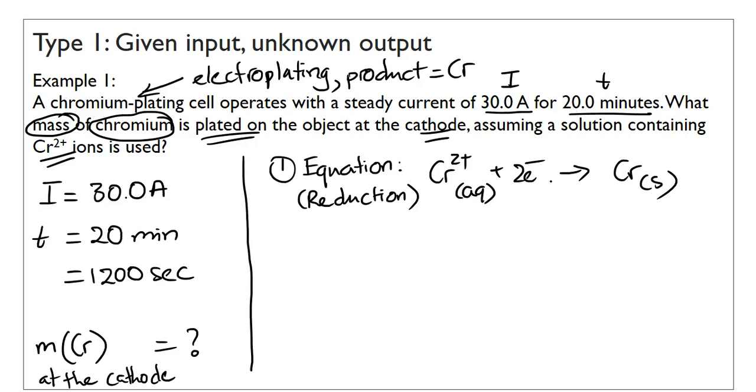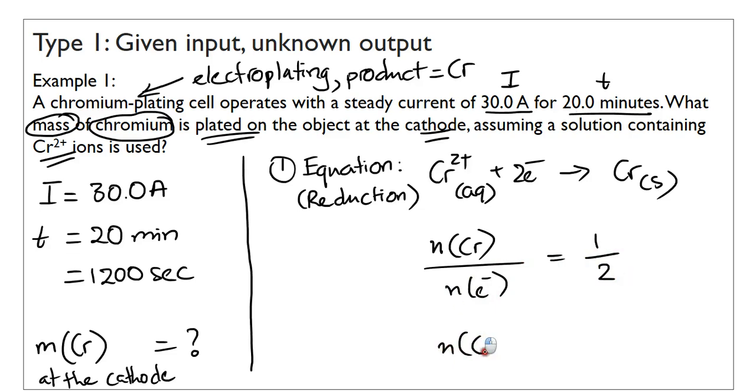So you need to find the mass of chromium. You already have the equation, so there is a relationship between the number of mole of chromium and the number of mole of electrons. So if I can find the number of mole of chromium, I can get the mass. So from here, I know that the number of mole of chromium over the number of mole of electrons is a 1:2 ratio.